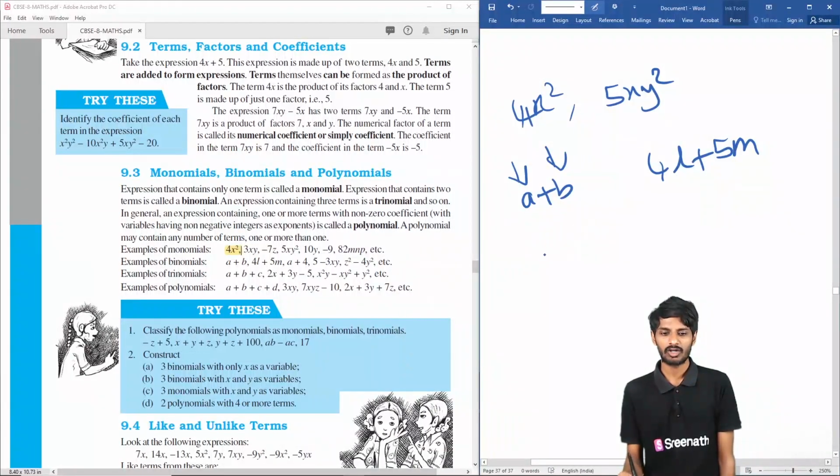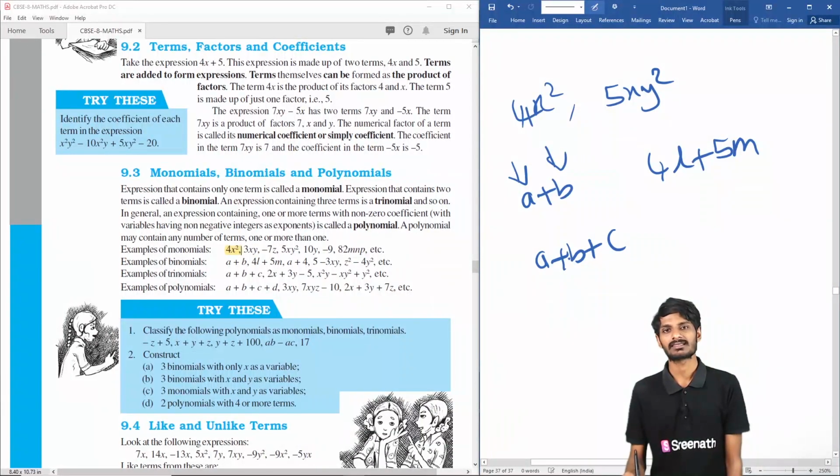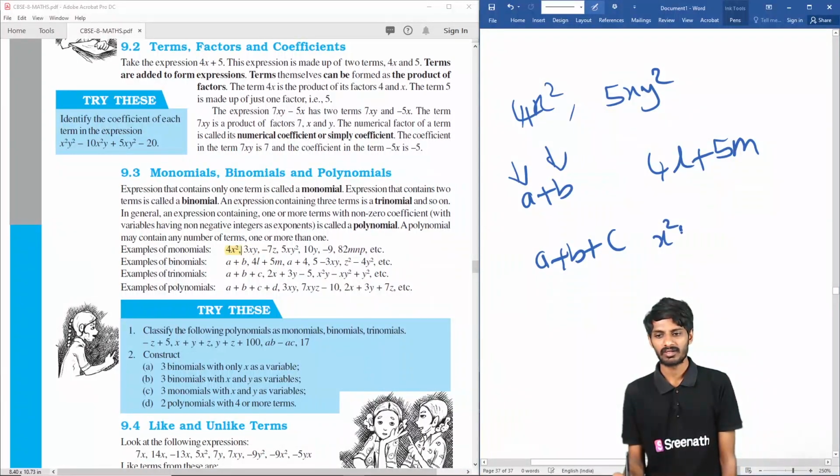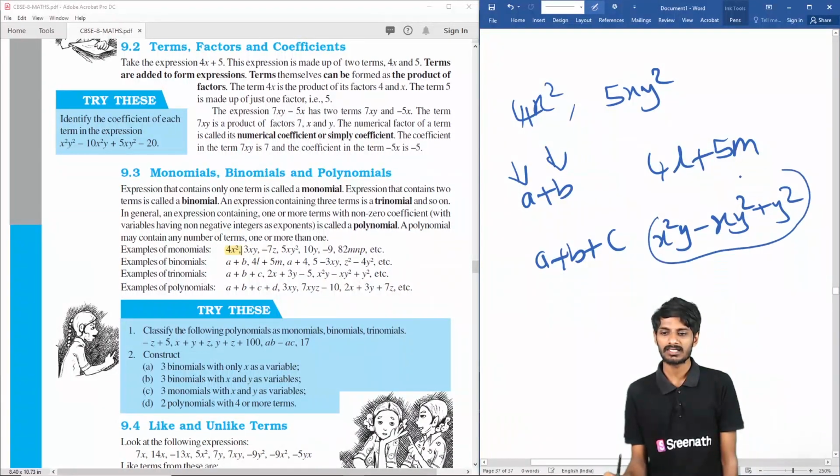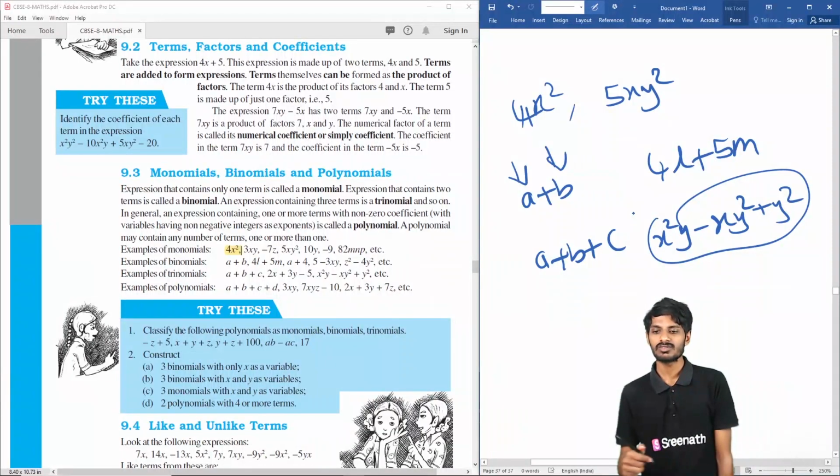And coming to trinomials, a plus b plus c has three terms connected by plus, so it is a trinomial. And x square y minus xy square plus y square, all these have three terms. As these have three terms, it is a trinomial.